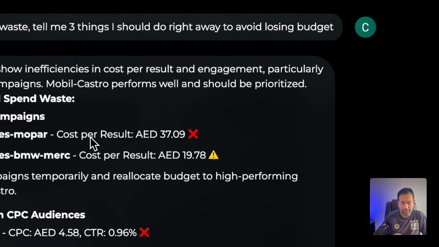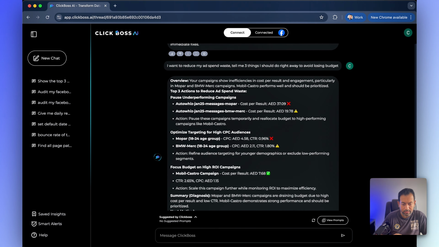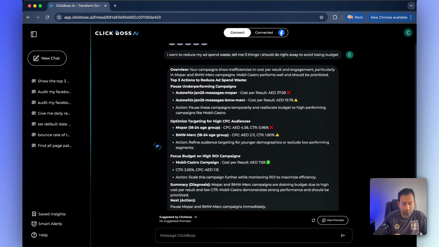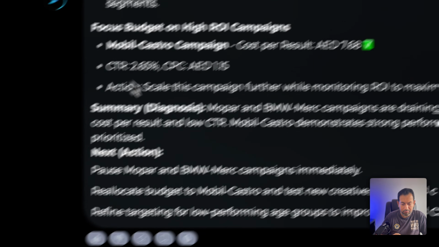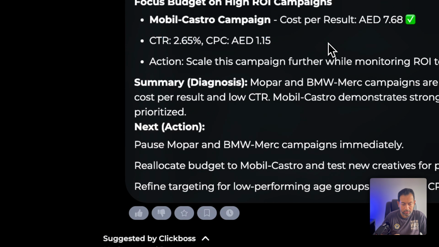Okay, the cost per result is something which is definitely high. This is the high ROI campaign. Okay, very nice. The numbers are great here.